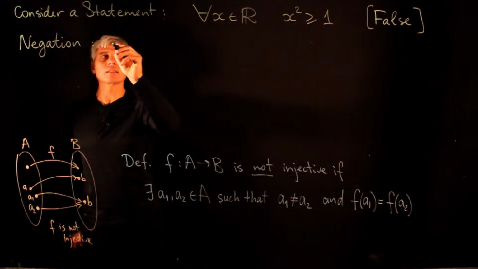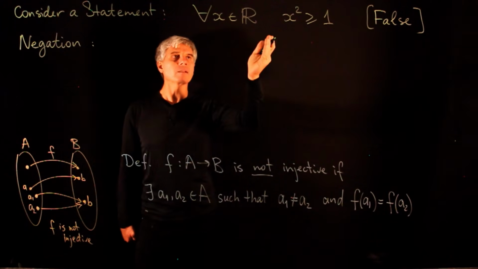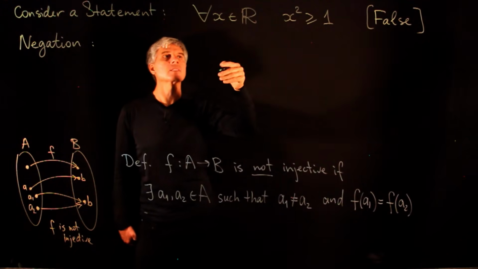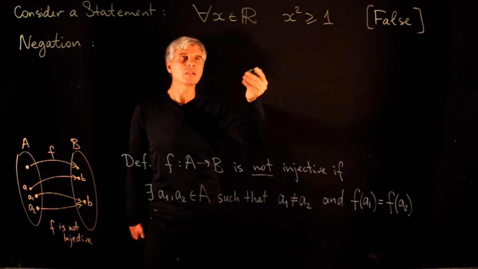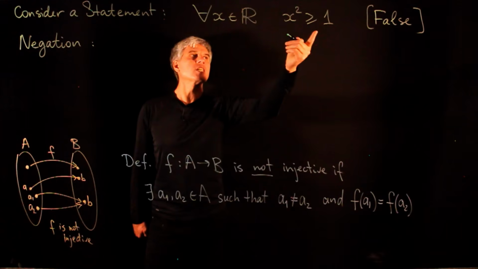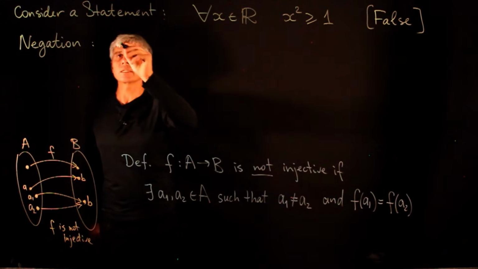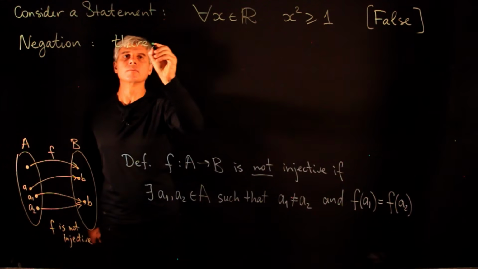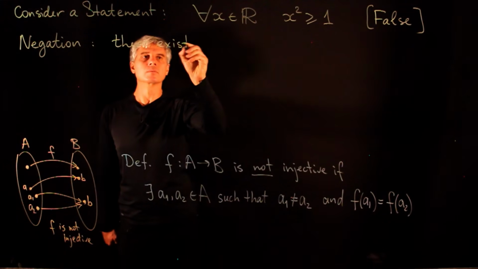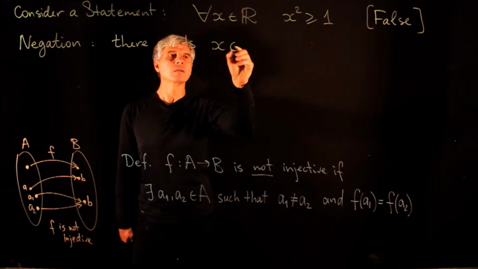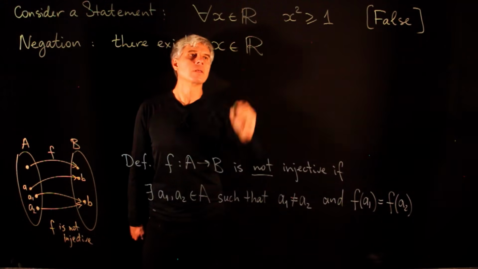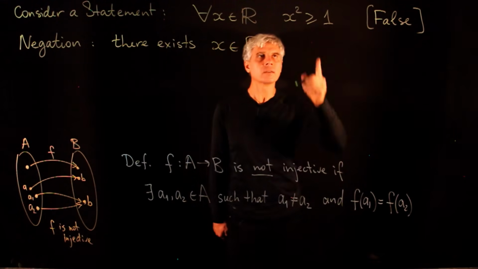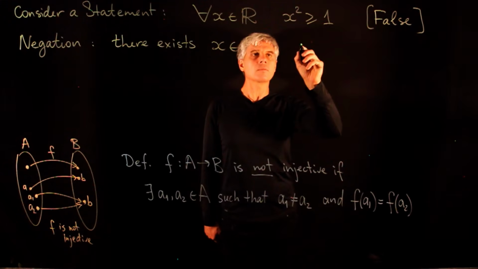So this means that if not for all elements in R, then there exists an element x in R for which this fails, right? So we get that there exists x in R such that this statement fails.